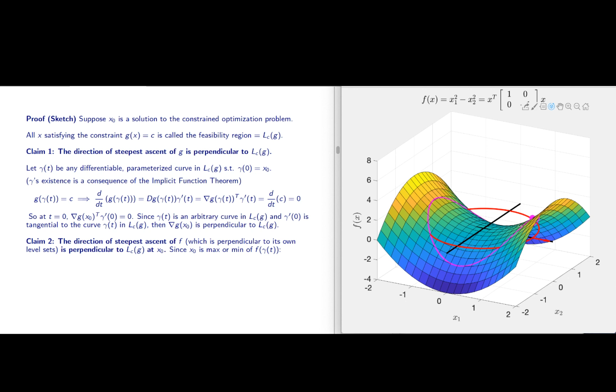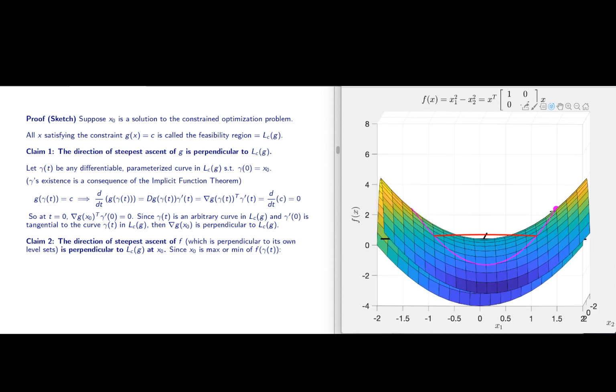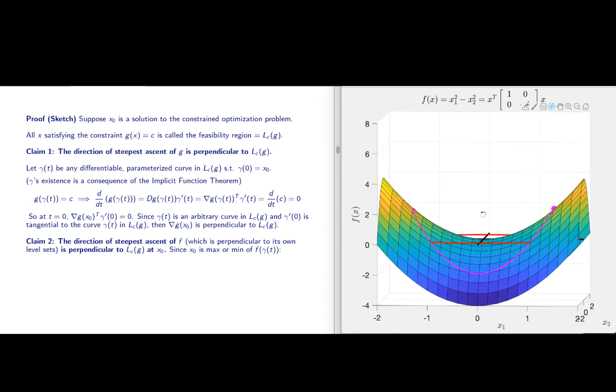If I evaluate along this red circle, I get this magenta curve. So this magenta curve is f of x for x in the circle, and this magenta dot is x naught. We can see clearly x naught is a local maximum. In fact, it is, along with its counterpart over here, a global maximum too.